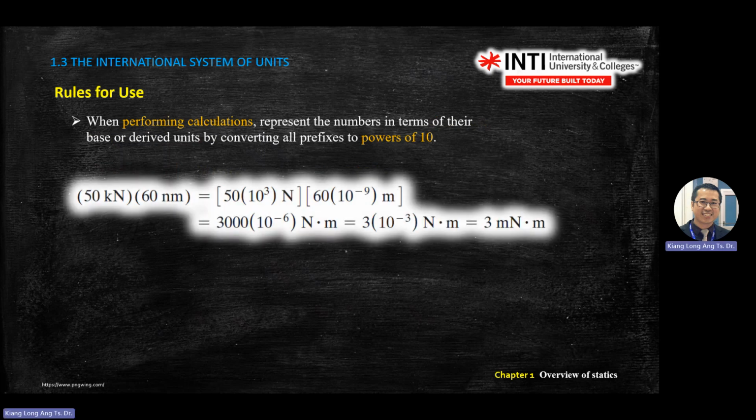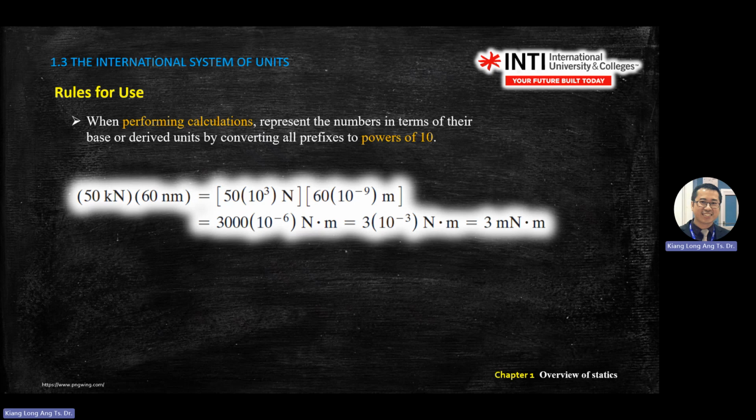The next one is just the power of 10. So you can convert the prefix into index, right? Most of the time our answer will be in this form rather than writing the prefix alone. So we convert kilo into bracket 10 power 3, carry along the unit, and this is nano, which is 10 negative 9.